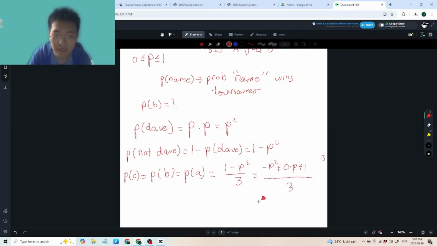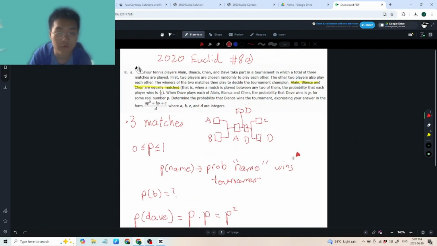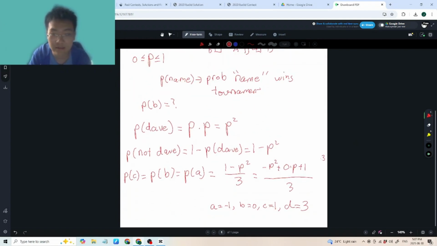In this case, A is equal to negative 1, B is equal to 0, C is equal to 1, and D is equal to 3. Does this fit the form that we want? Let's check. A, B, C, and D are integers. Indeed it does. Therefore, our answer to this question is just this fraction right over here.